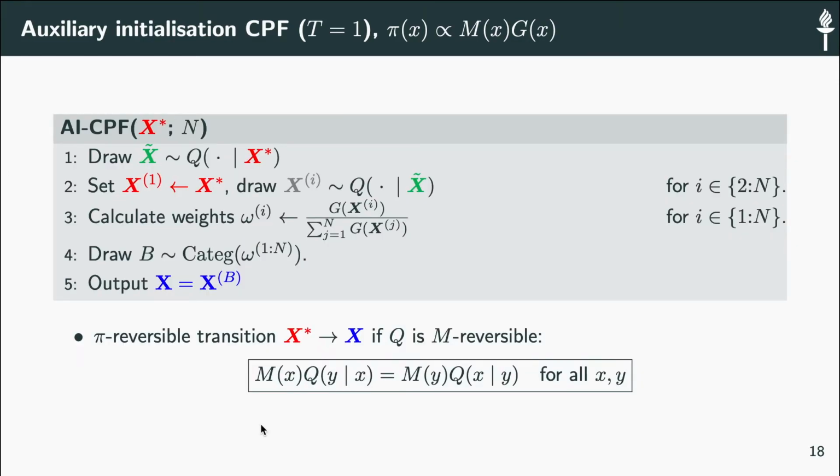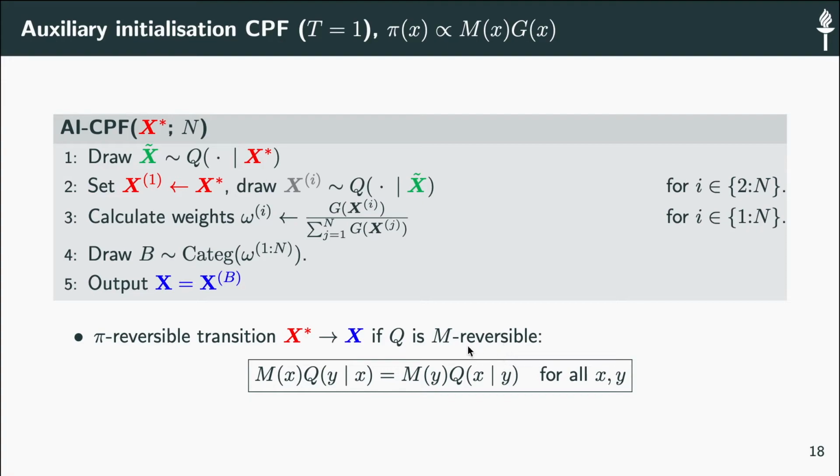And this turns out to be a valid algorithm. If we did this one step here where we draw an auxiliary center for the proposal from the same proposal, and then the particles from that, it works. The only thing we actually need here is that this transition Q is M-reversible. In general, it works.